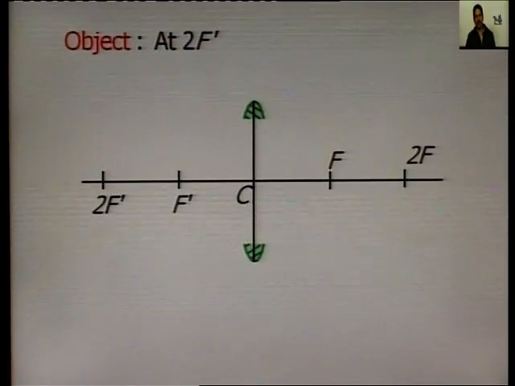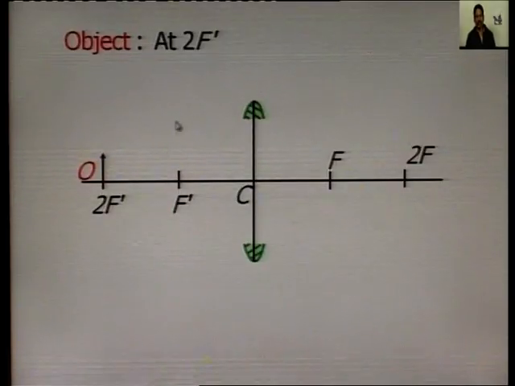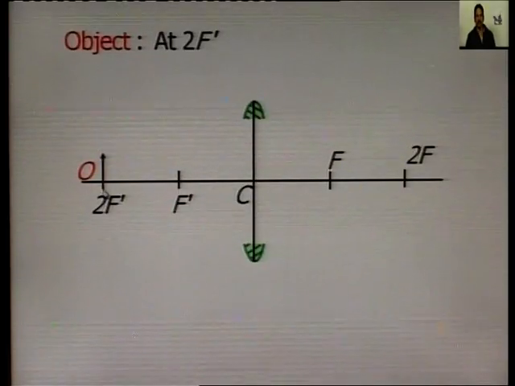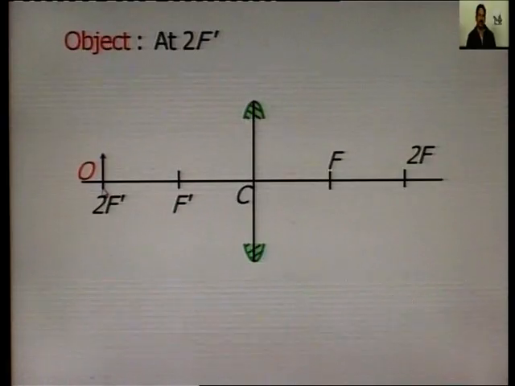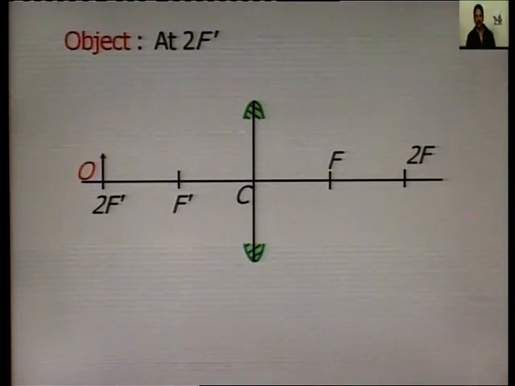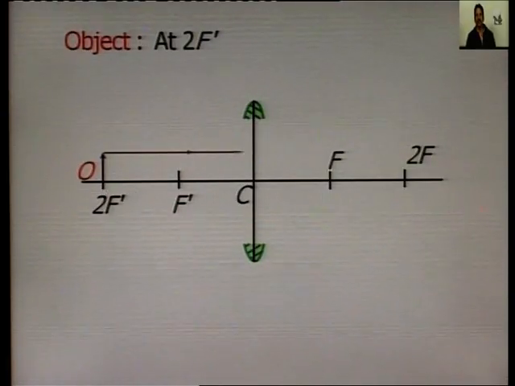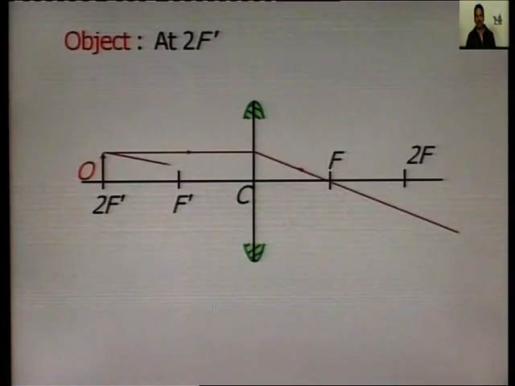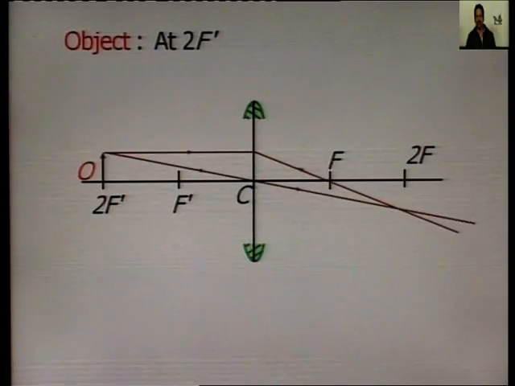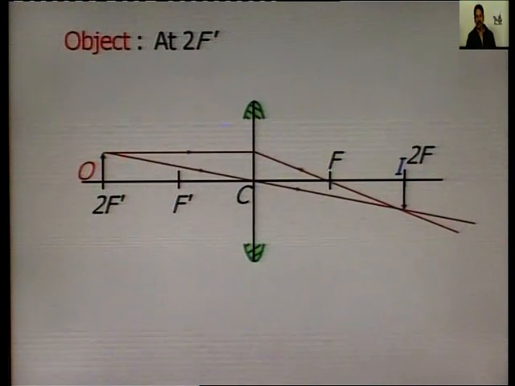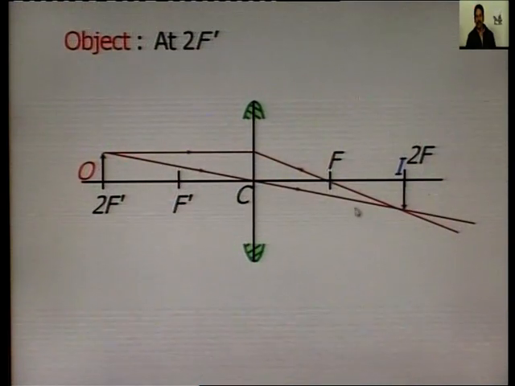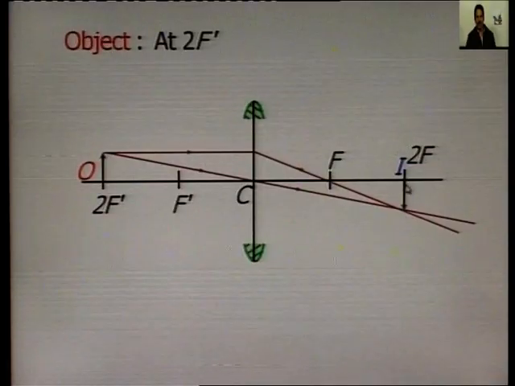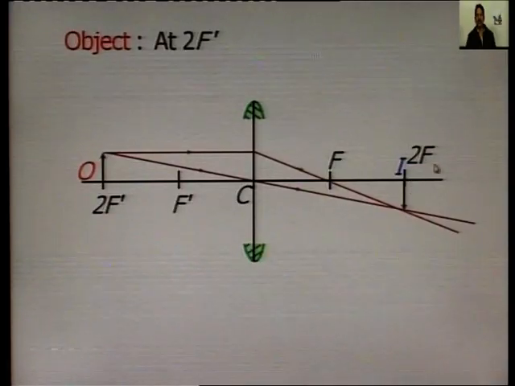Next, we will discuss when the object is exactly at 2f, twice the focal length of the lens. In that case, again we take the two rays of light, one parallel to the principal axis passing through focal point and the other through the optical center, and as you can see, the rays of light will actually meet at a point and they meet at 2f.